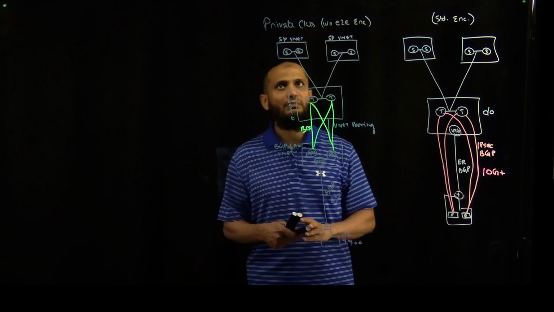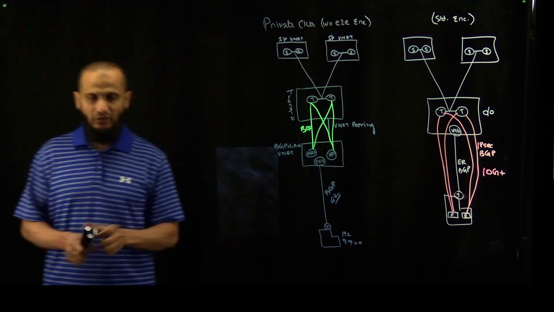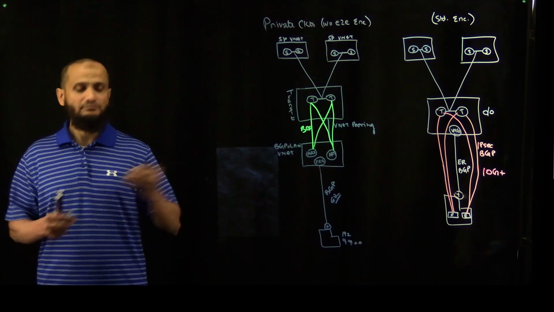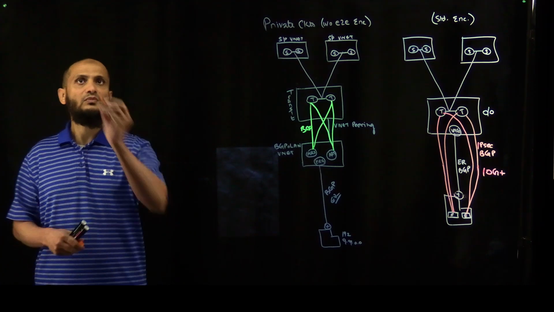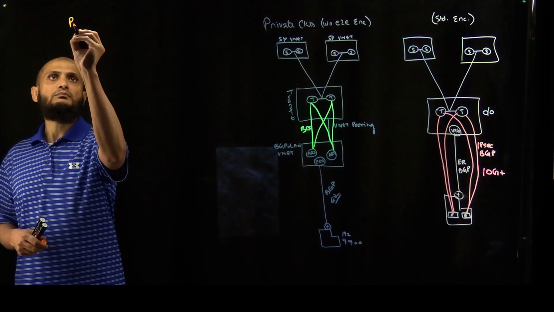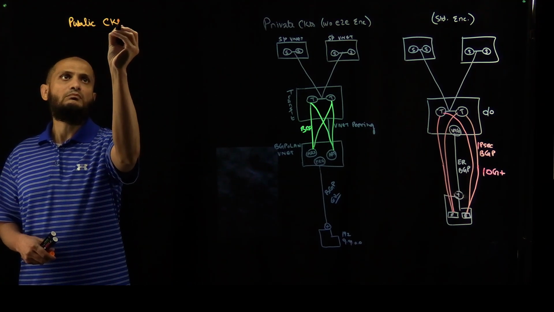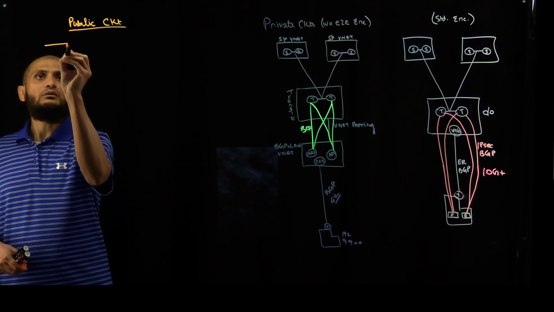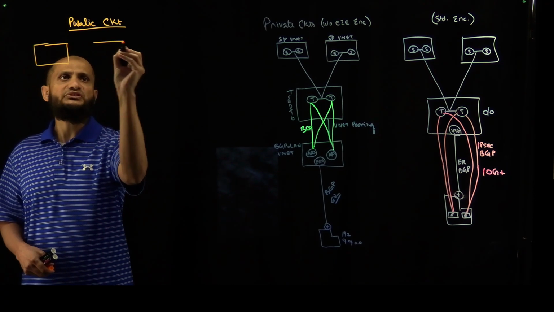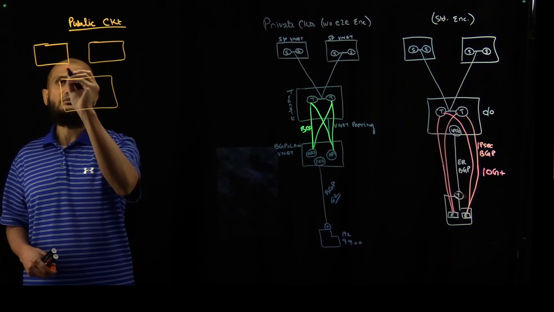So now let's talk about the public circuit, which is internet in our scenario. Aviatrix MCNA, the transit architecture is going to remain the same.